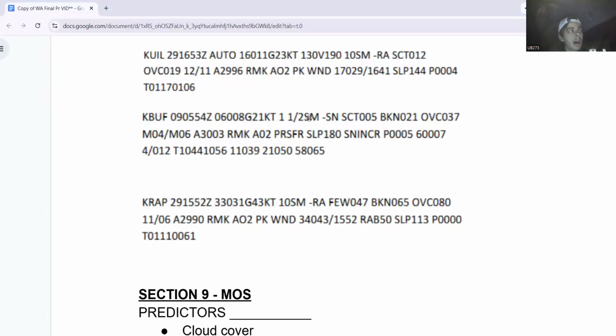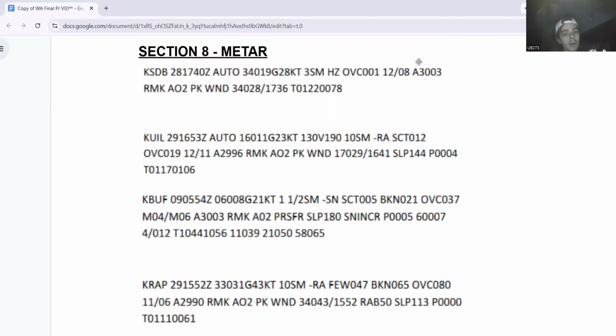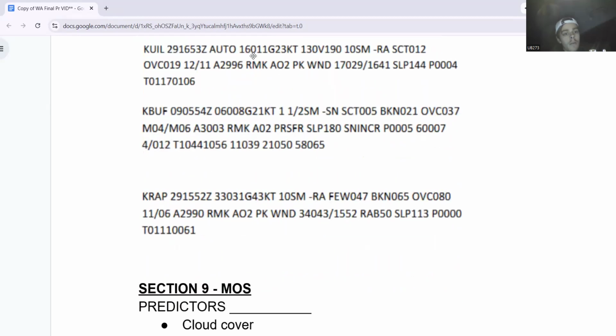I'm not a METAR expert, but that is telling you the wind direction is varying from 130 to 190 degrees. Visibility is 10 statute miles, -RA means light rain, scattered clouds at 1,200 meters, and then overcast at 1,900 meters.